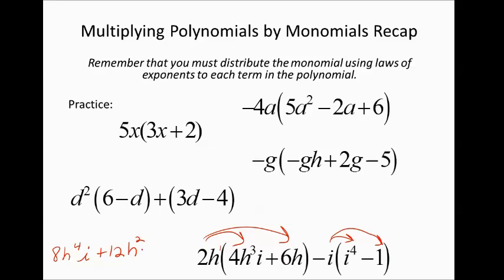And then that's going to be minus, over here, it's like having plus negative I, so negative I to the first times I to the fourth will become minus I to the fifth, and then negative I to the first times negative 1 will become a positive I. So I'm left with just positive I. And as I can see, I don't have any terms that are alike, so there is nothing to combine in this case. So I am done.